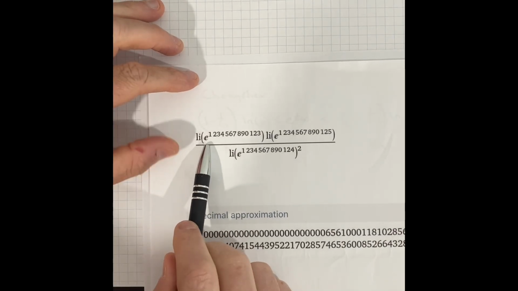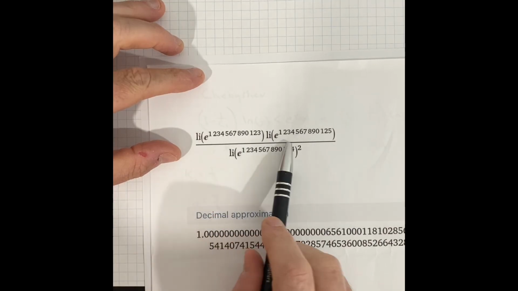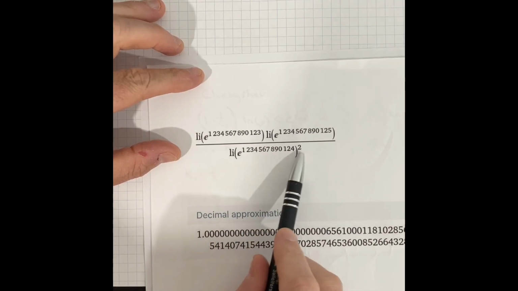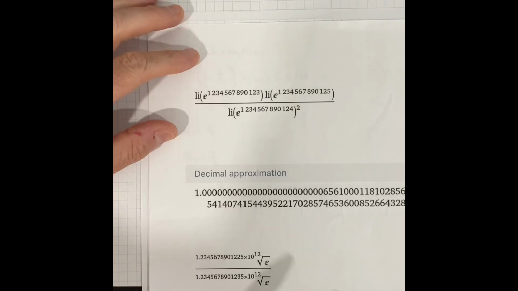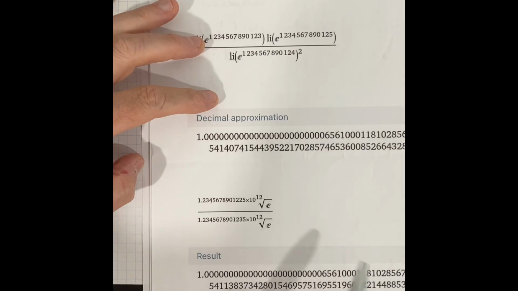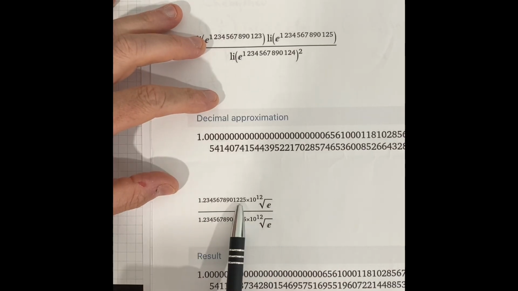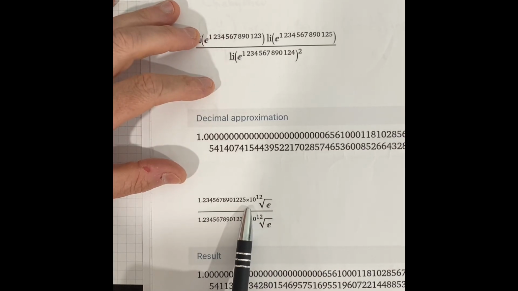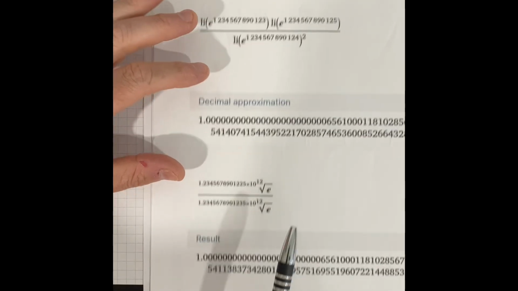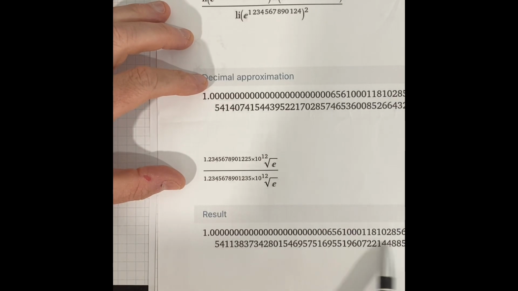We take li of e of this gargantuan number, multiply it by this one, and then take the one between, squared. We get this huge number. Now, if we take this root of e, the same number, divided by this, we get a very, very similar number. I think they stop being the same here.